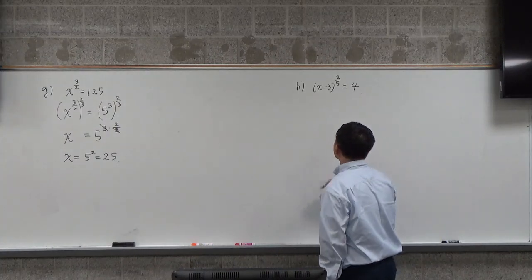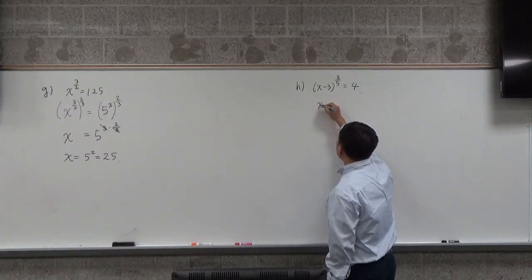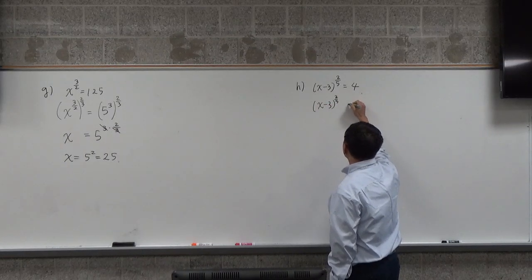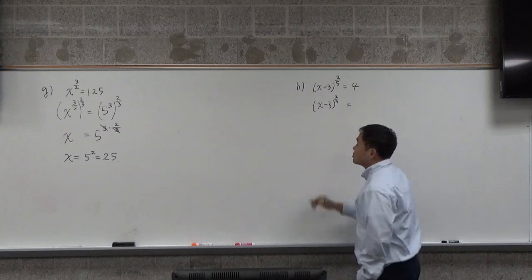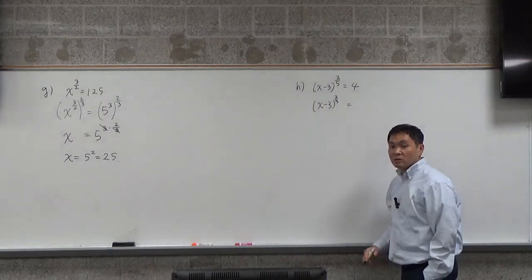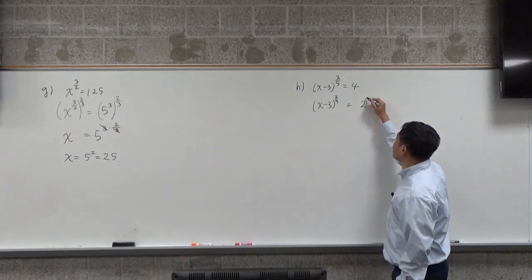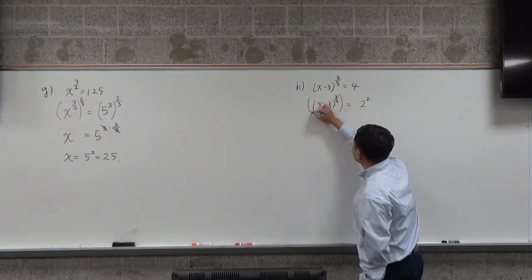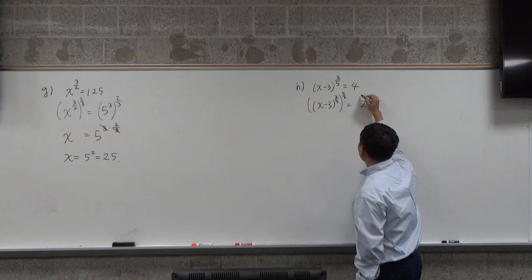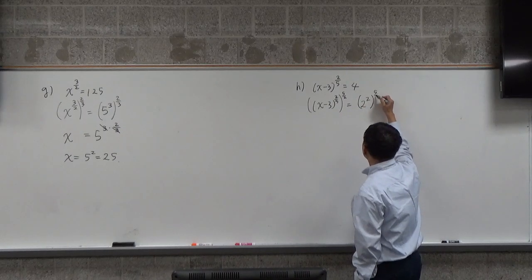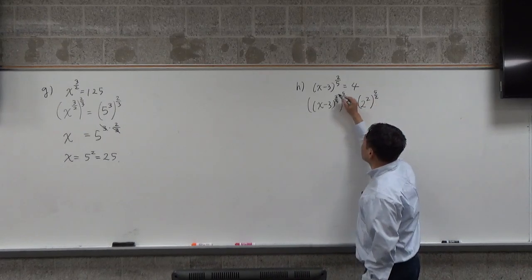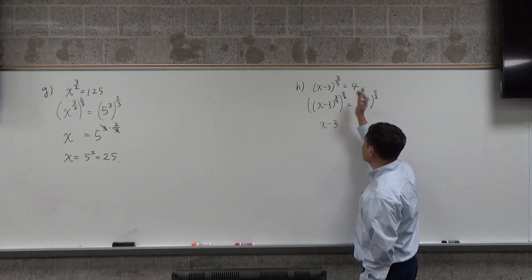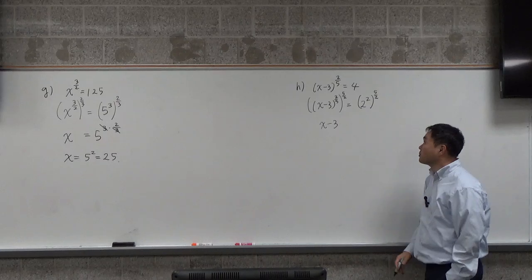Let's try this one. You have x minus 3 to the 2/5. And then, what about this? 4 should be 2 squared. Okay. And then, now you exponentiate both sides by the 5 over 2 power, so that these two multiply to give you 1, canceling the 2/5 power completely.